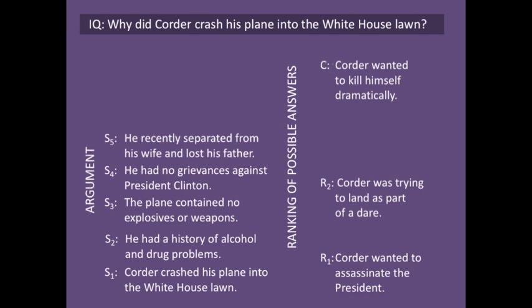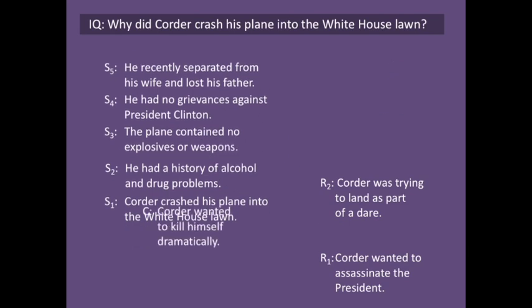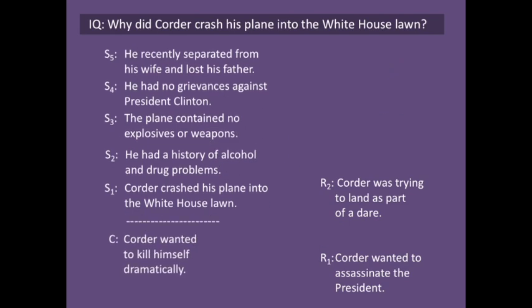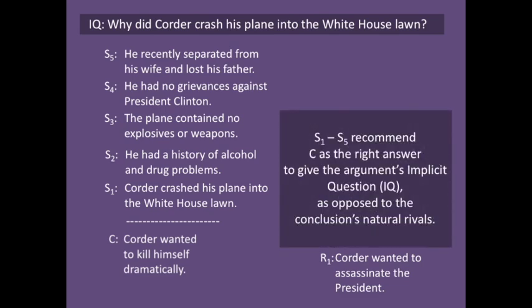And basically, what we've got here is the argument that the investigators presented. We have here the support, the conclusion, the implicit question, and the rivals. S1 through S5 recommend C as the right answer to give the argument's implicit question as opposed to the conclusion's natural rivals.